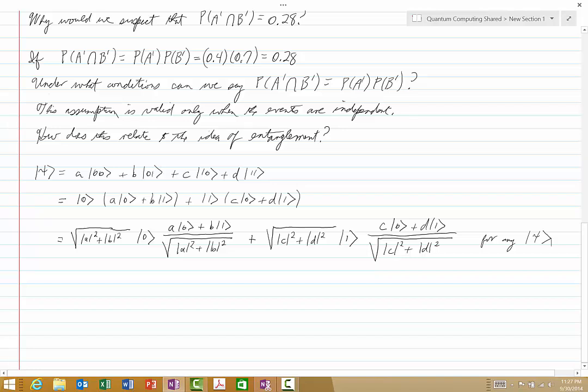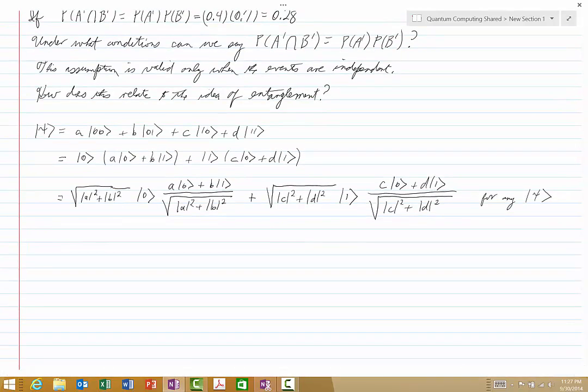If this fraction is equal to this fraction, then indeed the state is unentangled. But that's a little too strong of a condition. We don't have to require quite that much. And let me show you what we do want to require instead. Let's write down this expression in just a slightly different form.